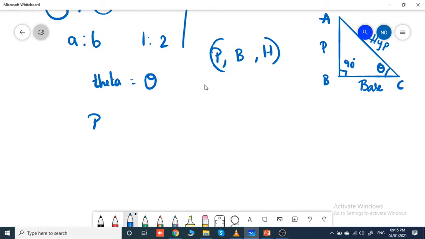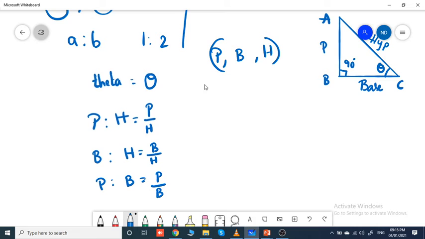First, P and H. Second, I'll take B is to H. Third, I'll take P is to B. That means you can write P is to H as P by H, B is to H as B by H, and P is to B as P by B.